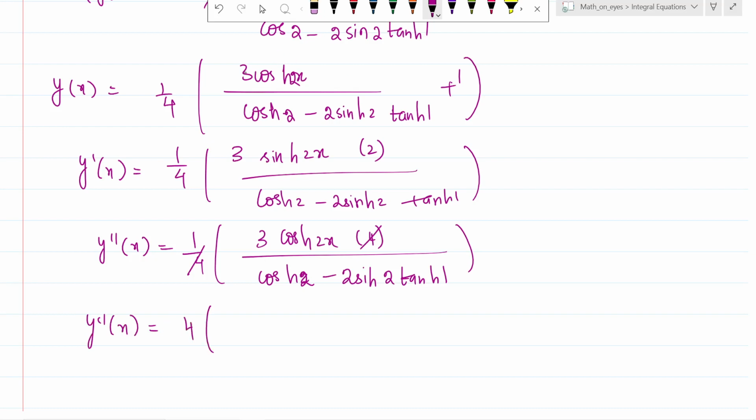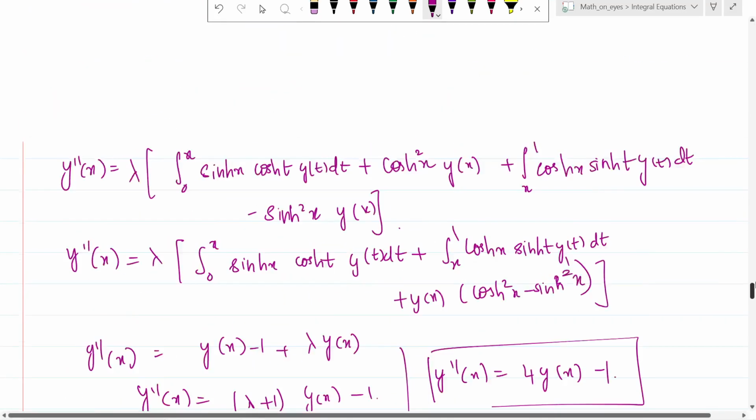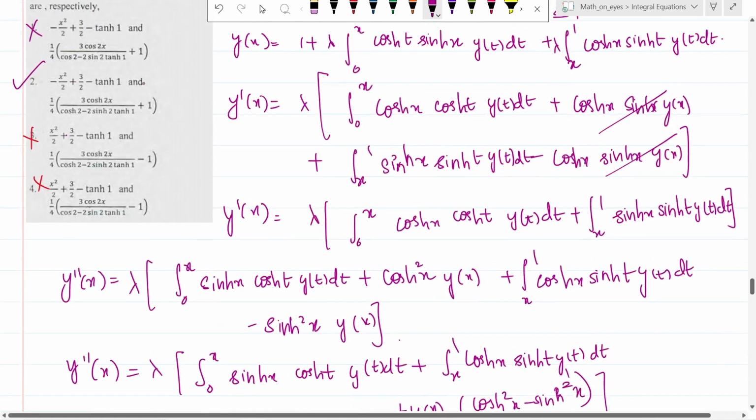What is your y of x? This is 1 by 4, and 1 by 4 and 4 cancel each other. We have cos h2x divided by cos h2 minus 2 sin h2 tan h1 and then minus 1, right? So plus 1 minus 1, they both cancel each other. We get the answer. So the second option is the correct answer. Thank you.